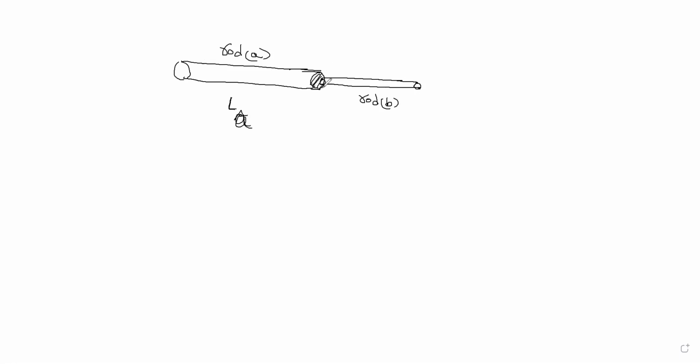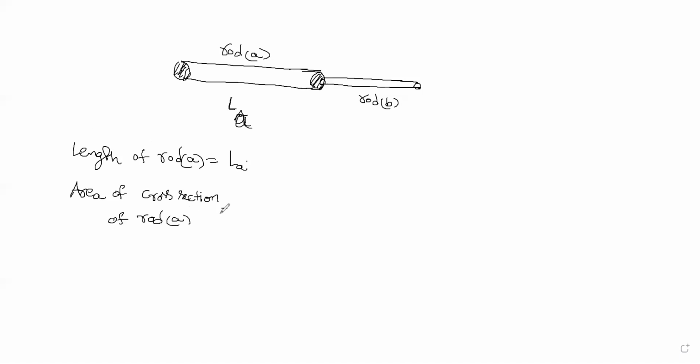Now the length of rod A is LA, and the area of cross section of rod A is, we take it as A. Our job is to calculate the junction temperature.